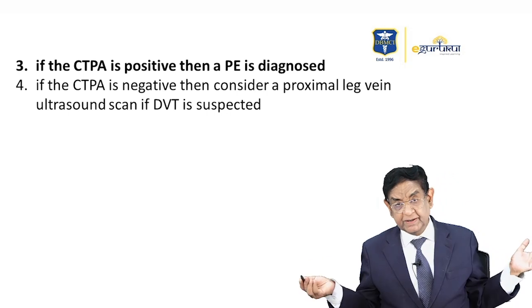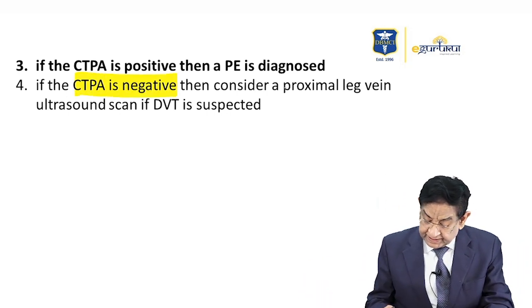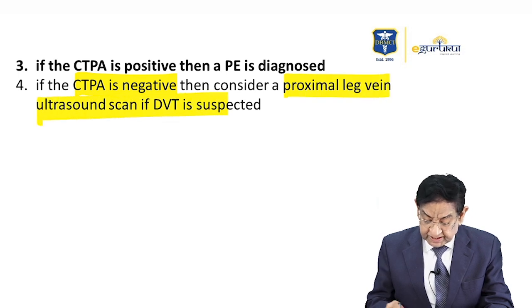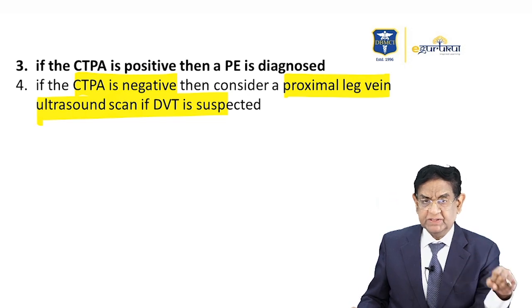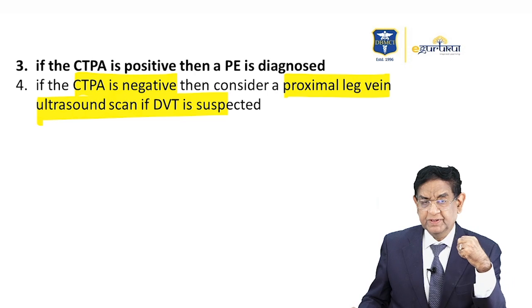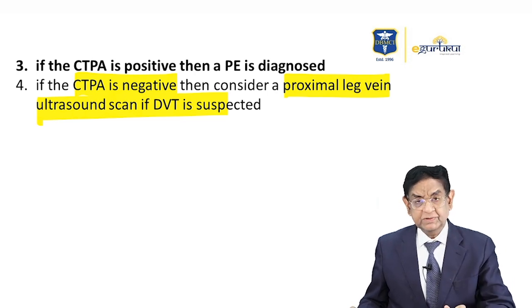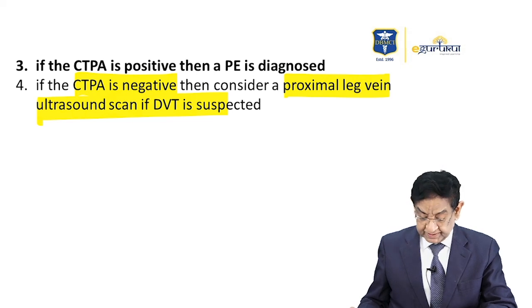Or the report is negative. If it is negative, then do proximal leg vein ultrasound. If you are suspecting deep vein thrombosis, do leg veins ultrasound. Right? Understood? Although CTPA is negative.